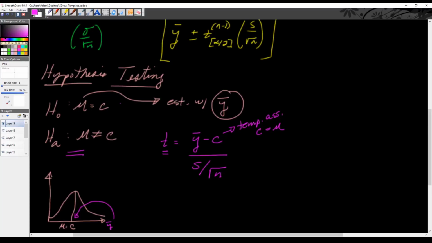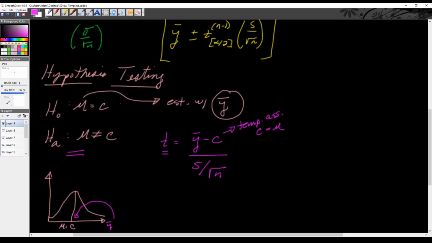So if we are 3 or 4 or 5 standard errors away from the hypothesized value, this temporarily assumed value, we might reject that hypothesis. But if we are very, very close to the hypothesized value, we will fail to reject the null hypothesis.